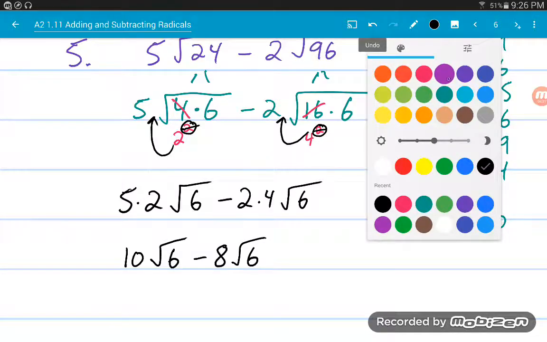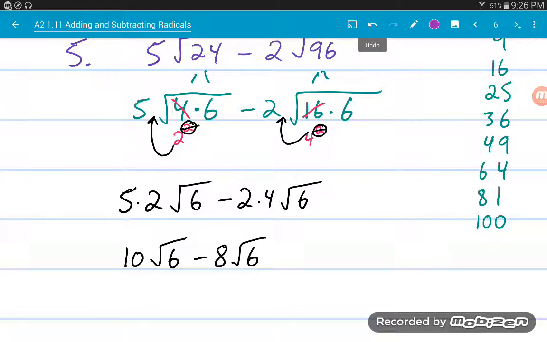And you can think of these like objects, right? If I have 10 radical 6's, and you subtract 8 of them, I'm going to get 10 minus 8 is 2 radical 6's. So that's an easy one.